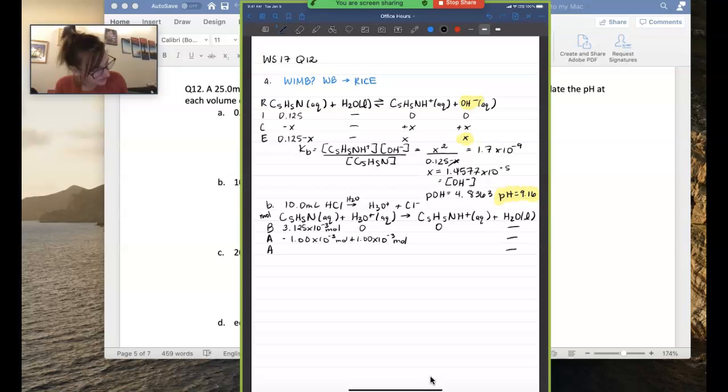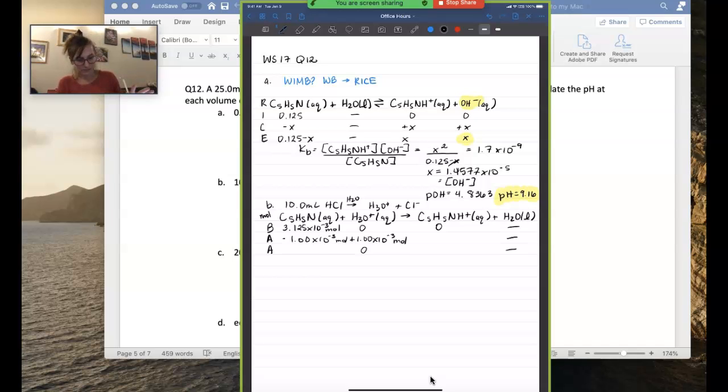But this is where you ask yourself, which one's the limiting reactant? Is it the acid or the pyridine? This one has fewer moles than the pyridine, so this is the limiting reactant, and we've learned since first semester general chemistry, the limiting reactant gets completely what? Consumed. And so that's why we end with no more acid at this point of the titration.